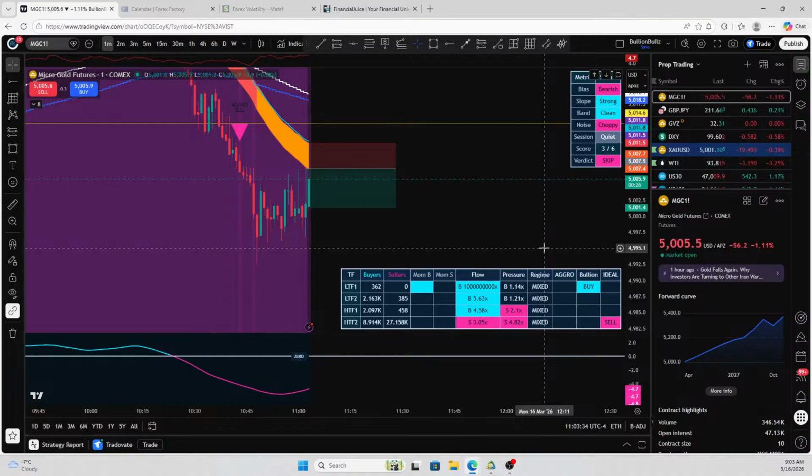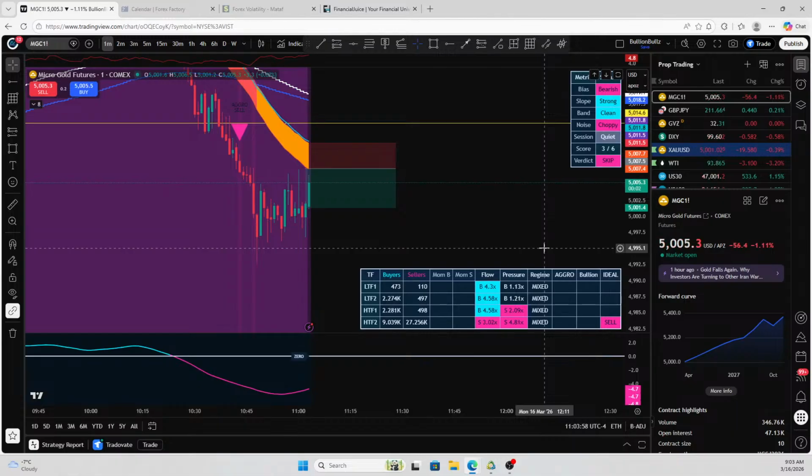Let's see if current market conditions allow such a move. Ideally, that's what I want to see, and it should give us a quick 1 is to 1.5. The price should aggressively move to the band and then push aggressively back down.